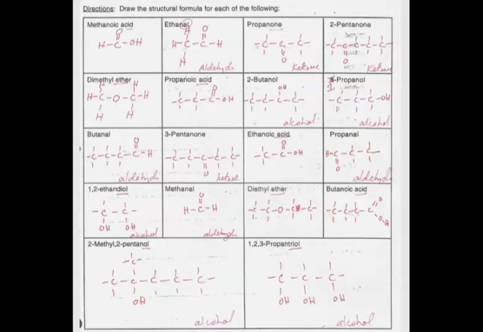Okay, here are all the answers. You'll notice that I went ahead and either underlined the keyword or circled the ending or underlined the ending so you know what group it's from. Always have reference table R open as you attempt to draw these, and you might have to practice and do it a couple more times to make sure you got it, but you can do this.